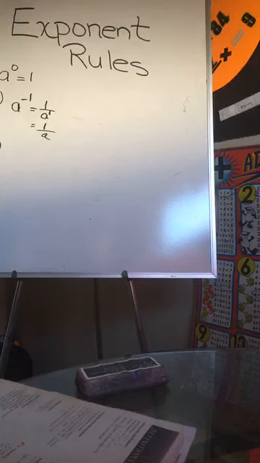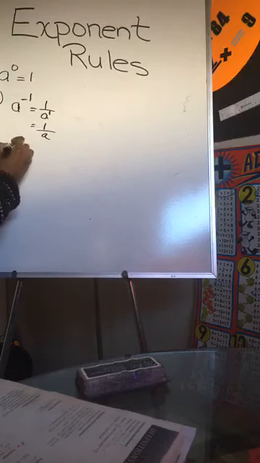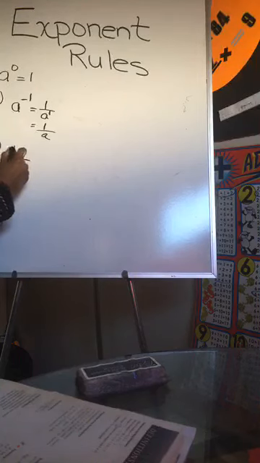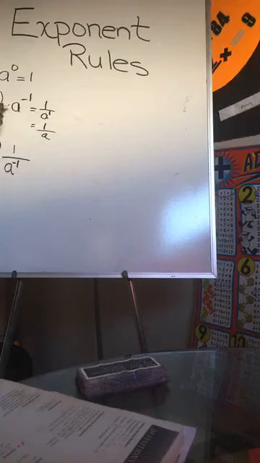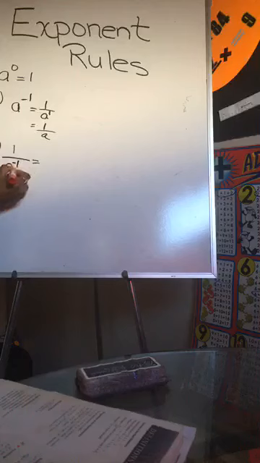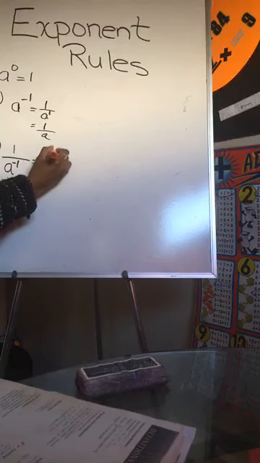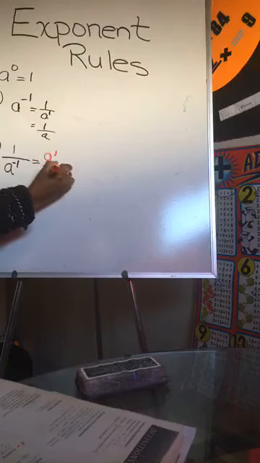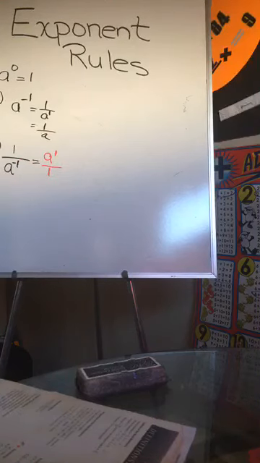So now we're going to go to our third rule. All right, our third rule is 1 divided by a to the negative 1. Okay? Now, you see where we did the reciprocal here? All we have to do, if we know this rule, is just take the flip of it, or the reciprocal. So that means we're going to bring a in the numerator, a to the first power, divided by 1.